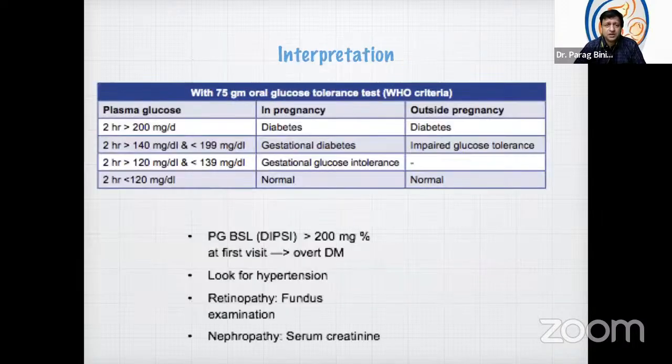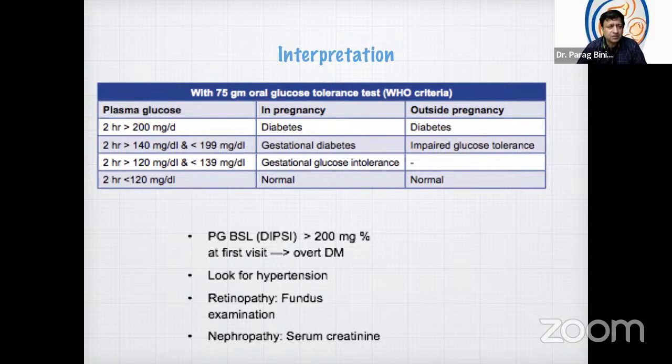How do we interpret this particular test? Now, when we estimate the plasma glucose level, we expect the level to be less than 120 milligrams percent. But if it is more than 120 and less than 139, we say that the woman is suffering from gestational glucose intolerance.